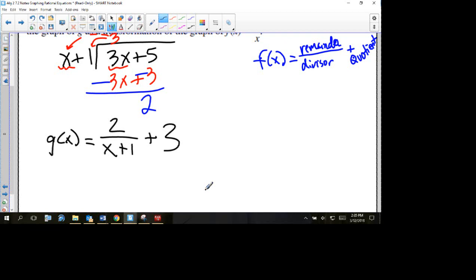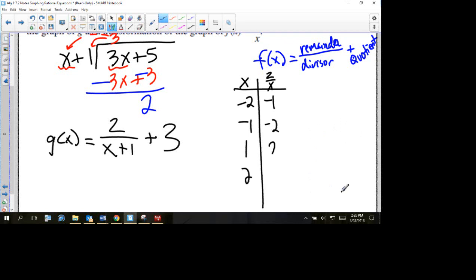So when you go to make your parent function in the table, what should my y column be? 2 over x, so I'm going to choose numbers like -2, -1, 1, 2. Plug those in, I'm going to get -1, -2, 2, 1, okay. And then what kind of transformations are we doing to the x's?